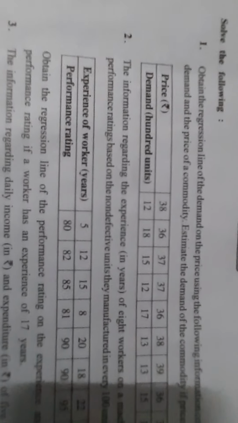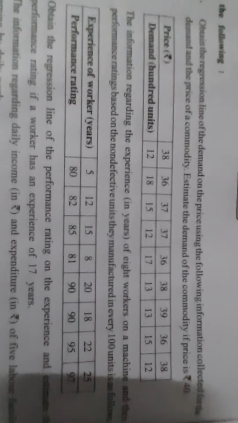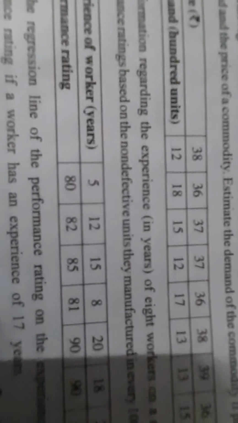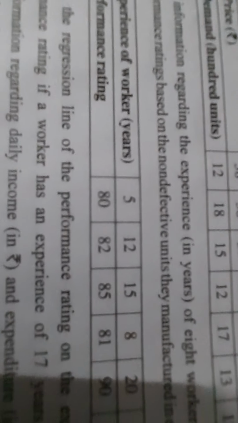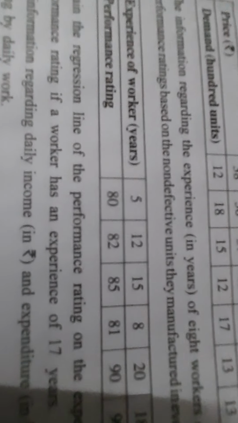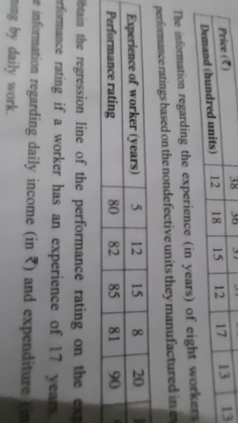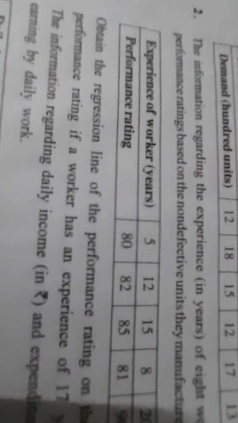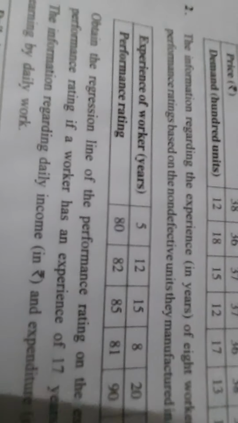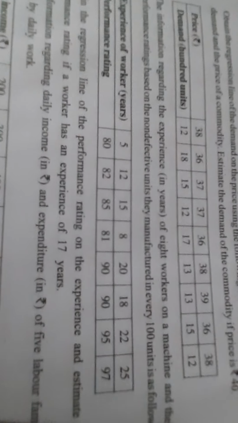Here two columns are there, experience of worker in years and performance rating. Okay, so we have to take care in working out that sum. Here it is question number 2. So just see what is asked there.